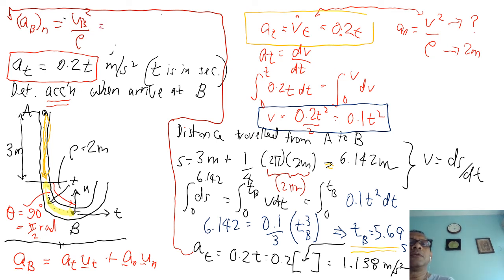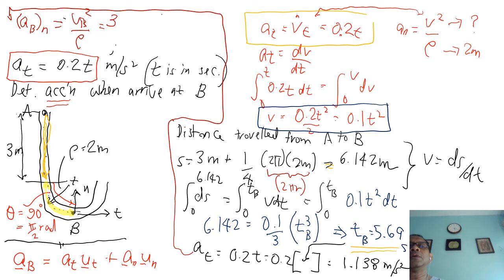What is the velocity here? I cannot remember where it is. V_B is 3.238.